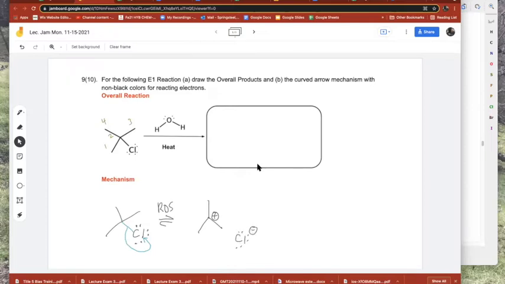So this chloride, do you know of it as a strong base or a weak base? Oh, no, not a strong base at all. Very weak base. Its conjugate acid is hydrochloric acid. Remember, that's one of our strongest acids.